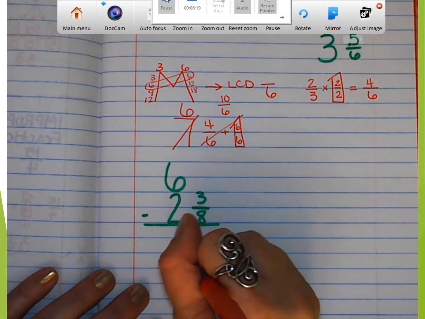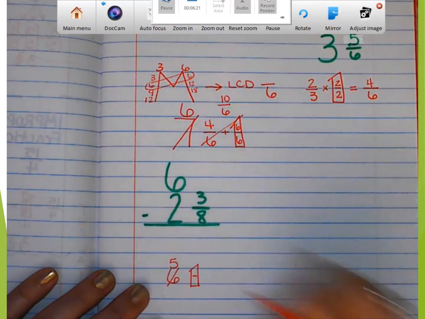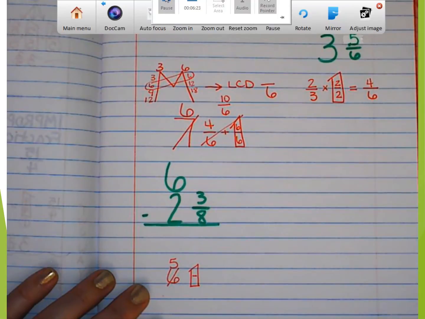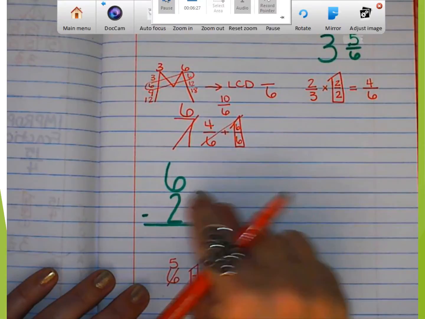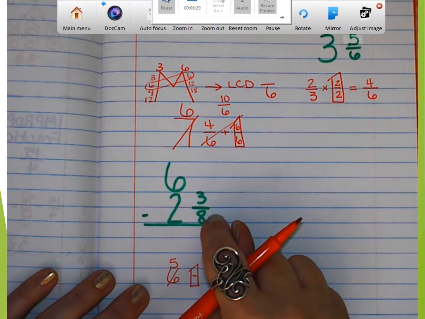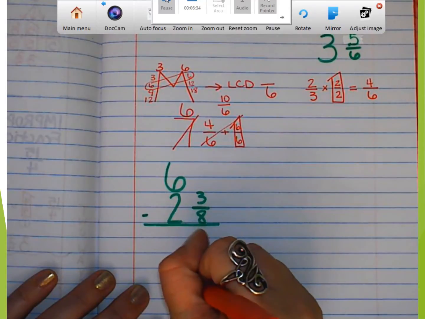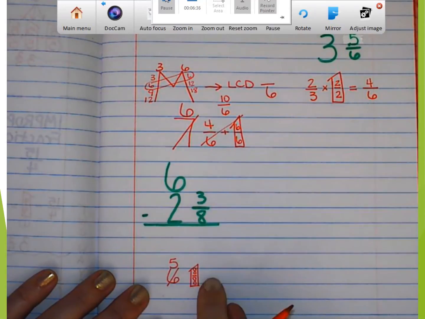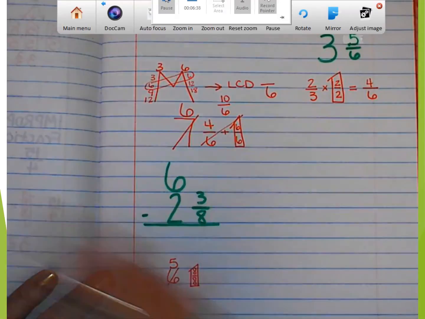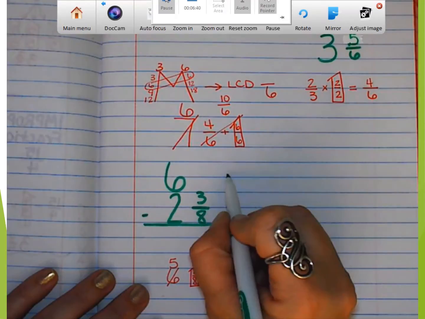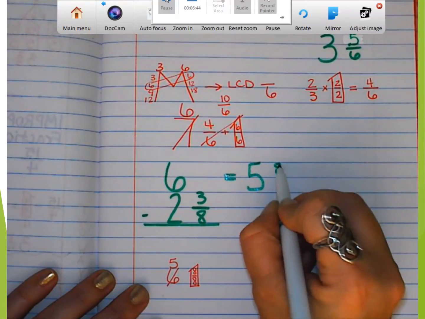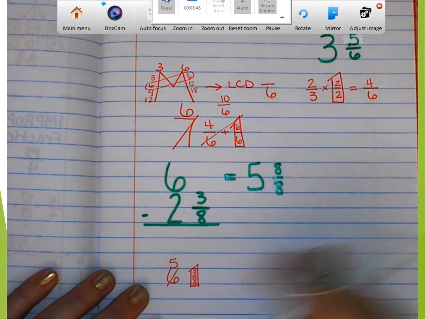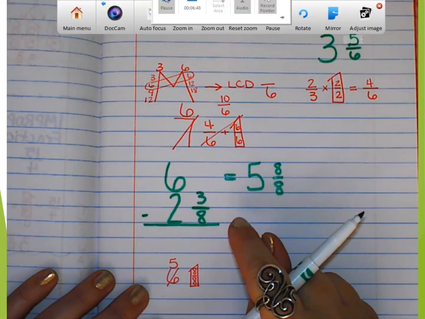I'm going to borrow that one whole, but I want to make it into a fraction. My denominator to subtract from this is 8. So to save myself some work, I'm going to break this into 8 equal pieces, and we're talking about all 8 of them. So this is going to turn into 5 8/8, which didn't change the number, we're just representing it differently.